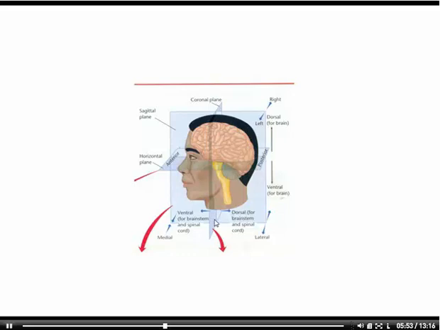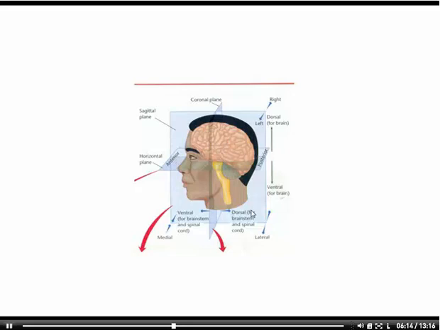A coronal cut would be like chopping your face off, chop, chop, chop. That's a coronal section. And then the horizontal just makes natural sense: the horizontal cut is sliced across the horizon.